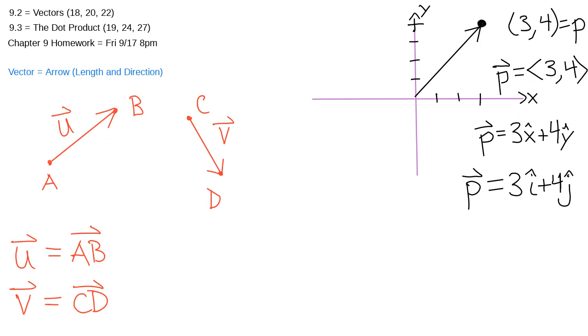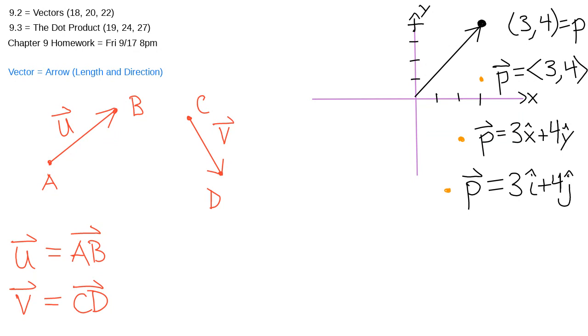So there's 3 ways you can write a vector. I corresponds to x and j corresponds to y. So if you put that little caret hat, that means directional vector component.